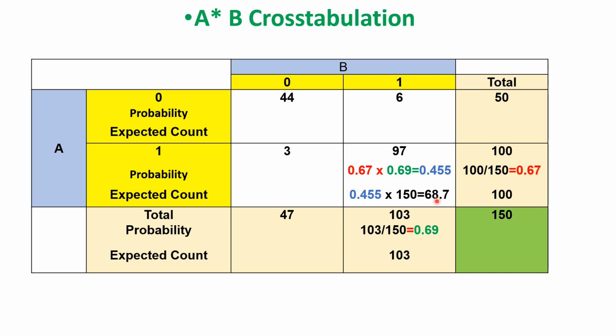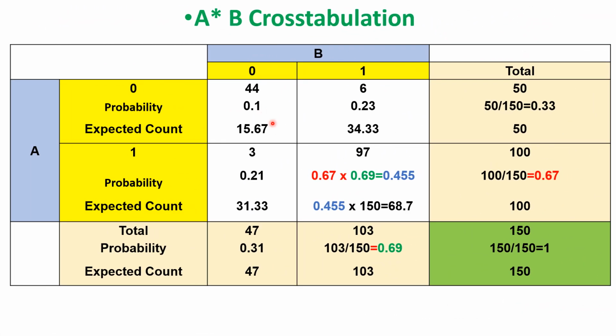So 68 jobs will be there for which operator A and operator B will be saying it is okay. This is the expected count. Now see, whatever data we have got, this is one experiment. From that, if such a thing happens in the future, then what is the probability considering this basic data? So this is the basic thing regarding this.